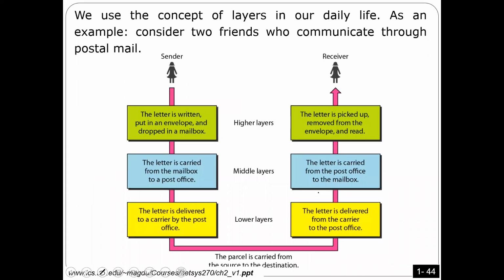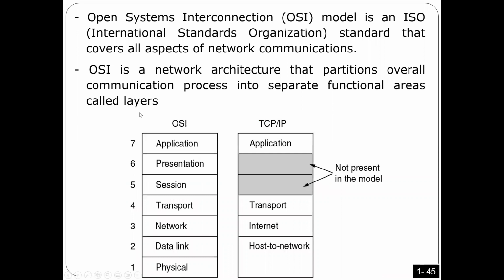As you know, in networks we have the very famous 7 layers, as you see here. Physical, data link layer. Sometimes we call it layer 1, layer 2, layer 3, or data link layer, network layer, transport layer, session layer, presentation layer, application layer.